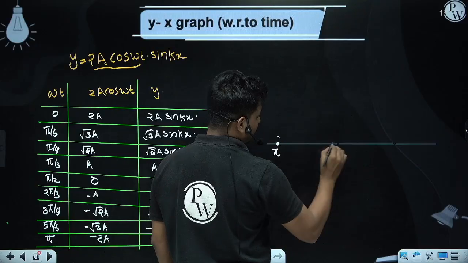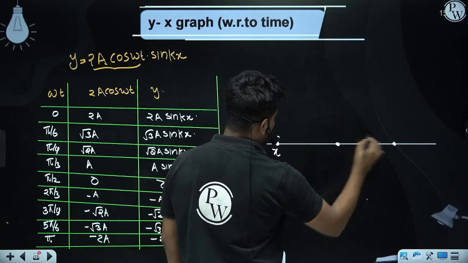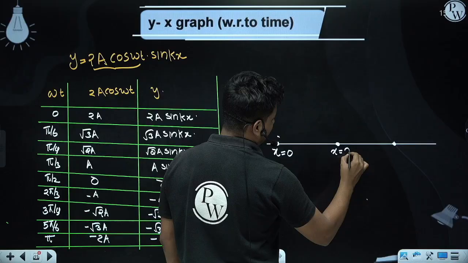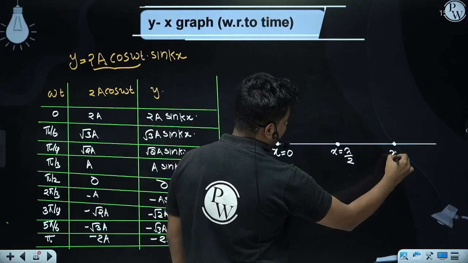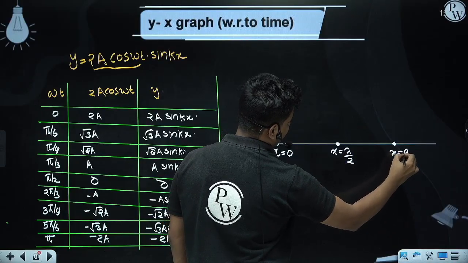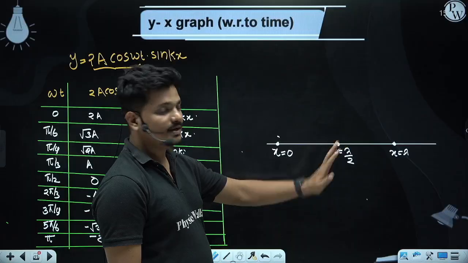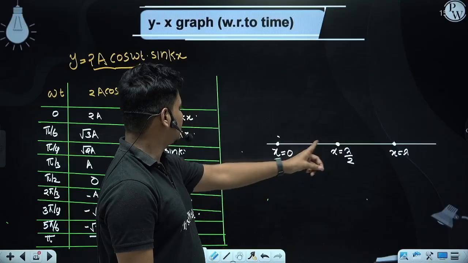At these locations, when x is equal to 0, or x is equal to lambda by 2, or x is equal to 2 lambda by 2, that is lambda, we get zero displacement. That means the particles are at rest.